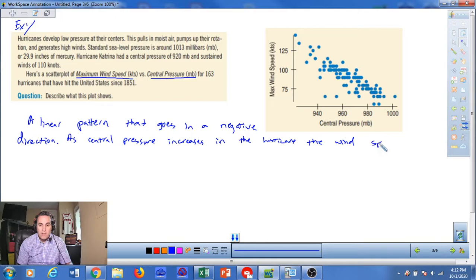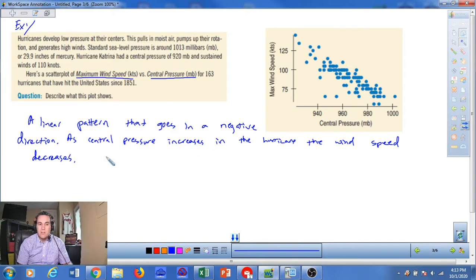Huh, negative pattern. As the pressure increases, the wind speed decreases. Okay, you just put context in right there. That's amazing. So just adding that sentence, like interpreting what the negative means, will probably get you your full credit on context.